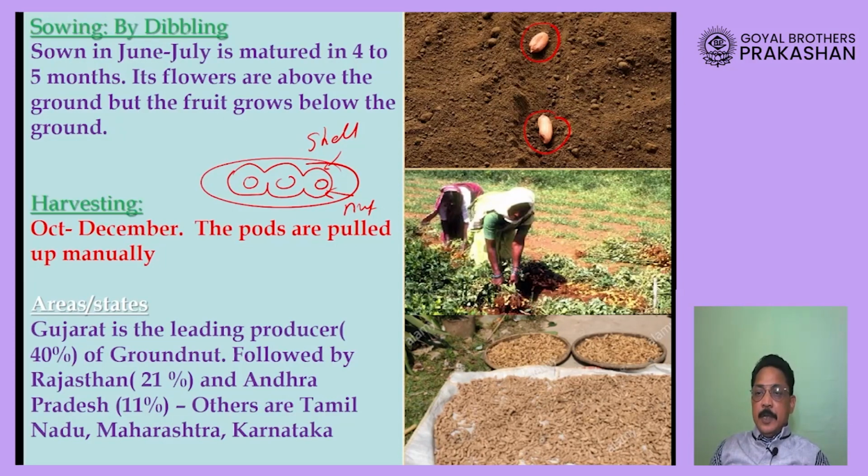Okay, in the production of oil seeds, Gujarat ranks number 1 in our country, followed by Rajasthan with 21% of production. Then other states include Andhra Pradesh, Tamil Nadu, Maharashtra, Karnataka. So basically it is grown mainly in South India.